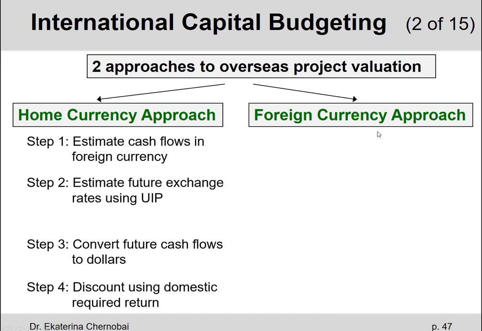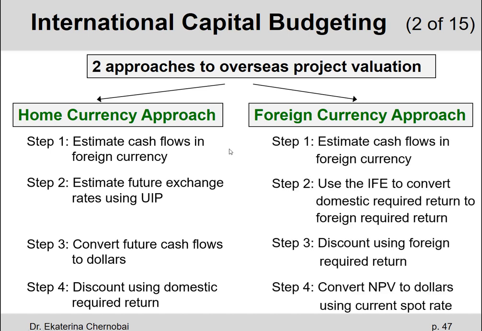The foreign currency approach has everything kind of backwards, pretty much. We basically keep everything in the foreign currency until the very end. So we estimate our cash flows in the foreign currency. This is the same step 1 across the two approaches. Then we discount them, so we're essentially finding the NPV in the foreign currency rather than in dollars.